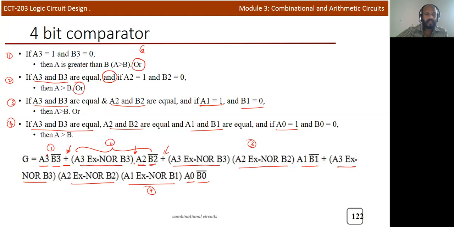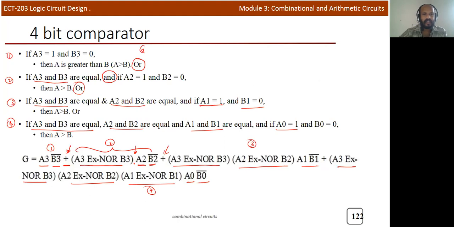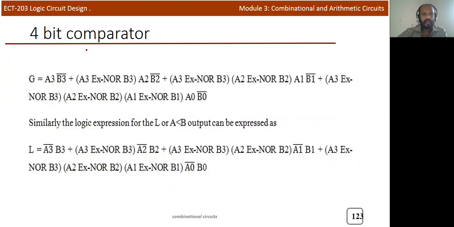In a similar way you can write the lower value also. In the previous case, for the greater symbol, A3 equal to 1 and B3 equal to 0. If it is less, A3 is equal to 0 and B3 is equal to 1. So looking at the G function, you can write L. In place of A3 you write A3 bar, in place of B3 bar you write B3.